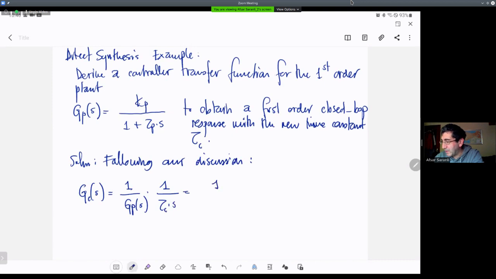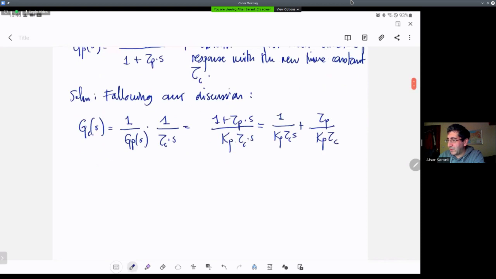So I have (1 plus tau p s) over Kp, and then tau c s. Okay, so let me separate that out. So that's going to become 1 over Kp tau c s, plus tau p over Kp tau c. Okay, now we haven't done anything, we've just separated it into two terms.